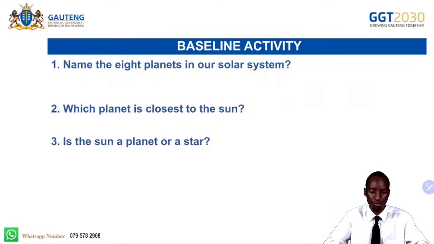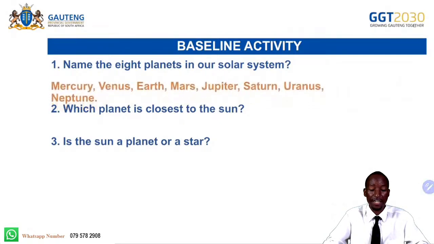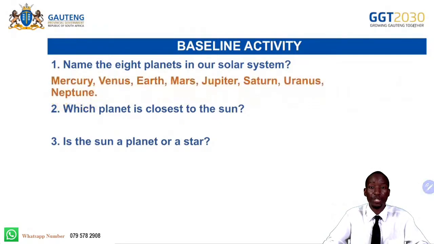Right, let's go through the activity and check out all the answers. Number one, you're supposed to name the 8 planets in our solar system. The answer is Mercury, Venus, Earth, Mars, Jupiter, Saturn, Uranus, and Neptune.